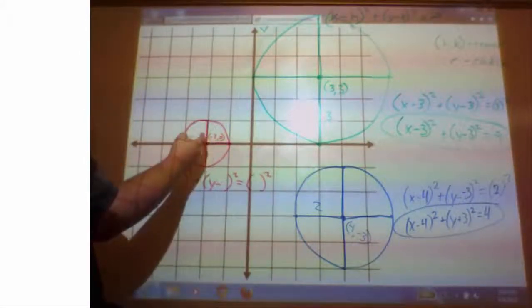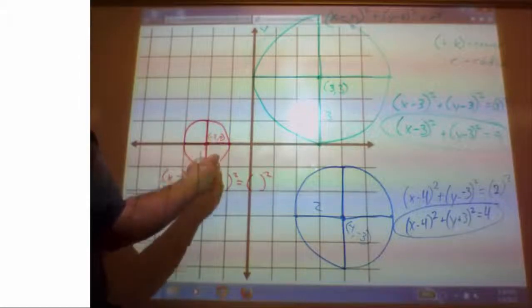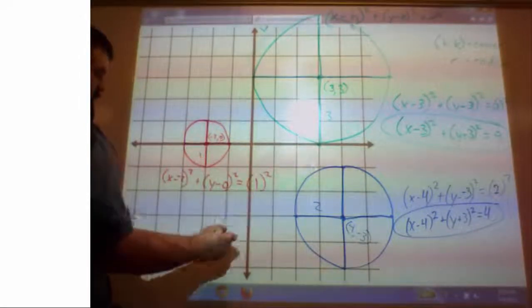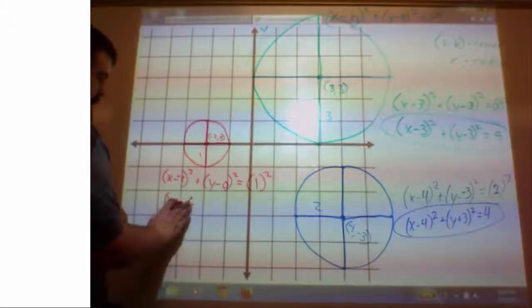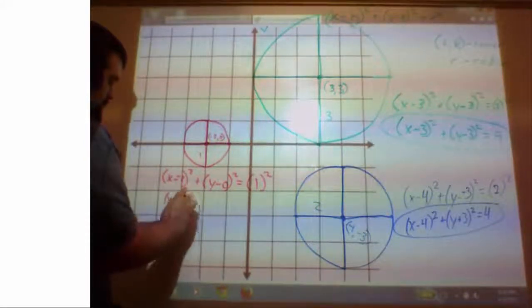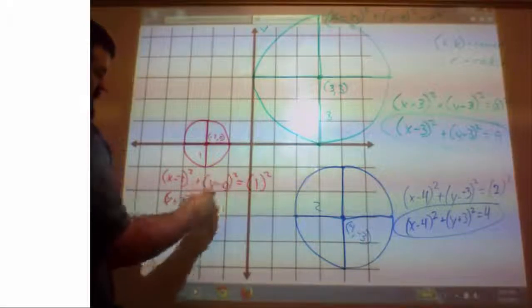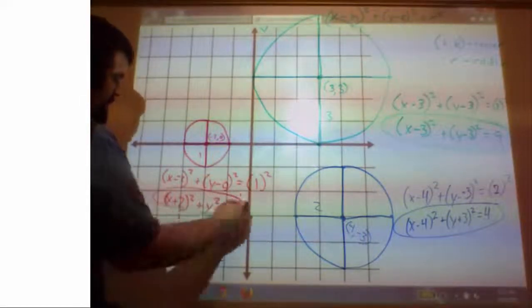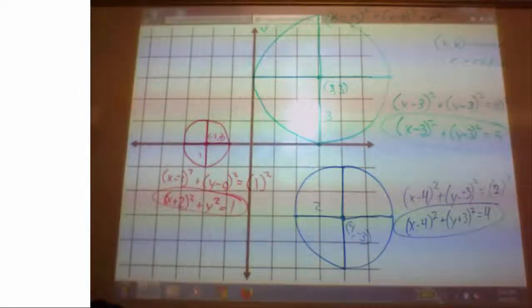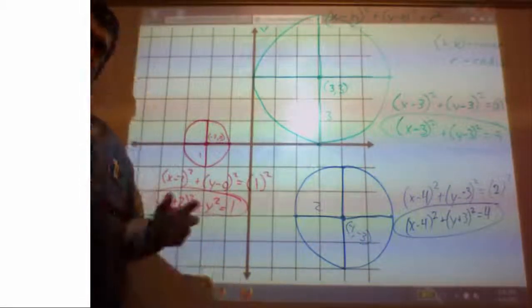Well, h is -2, k is 0, and r is 1. So (x + 2)² plus, well, y minus 0 is y, so y² = 1 squared, which is 1. And there we go. So, write the equation for each circle.